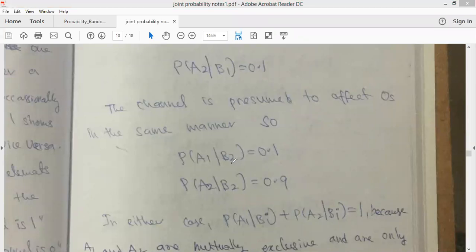B2 is transmitting 0. A1 is receiving 1. So the probability of receiving 1 when 0 is transmitted is given as 0.1. And the probability of receiving 0 when 0 is transmitted is given as 0.9.